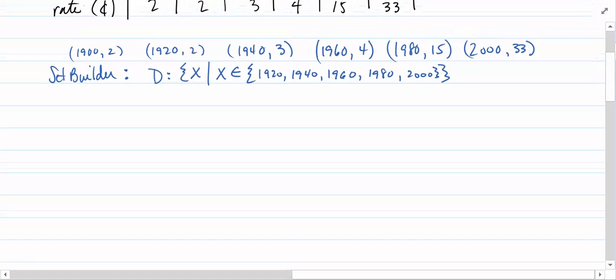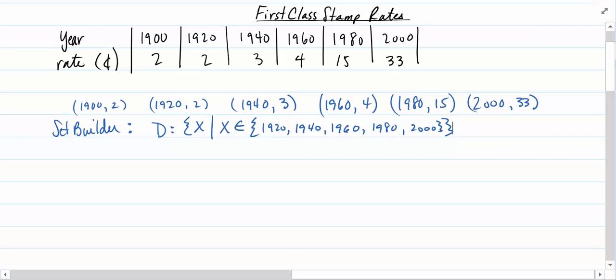So in this example, with this chart of first class stamp rates, our range using set builder notation would be the list of all y values such that y is an element of the group 2, 3, 4, 15, or 33.